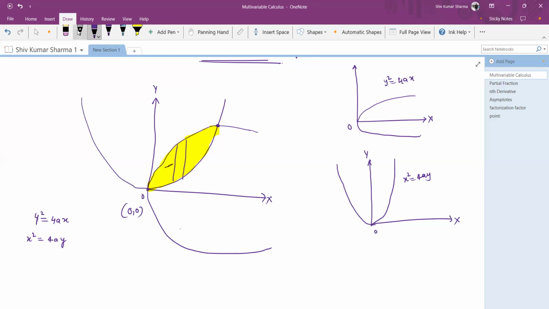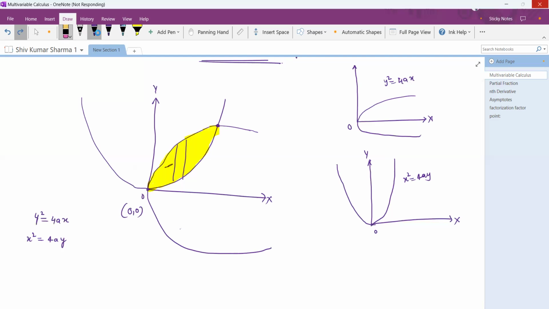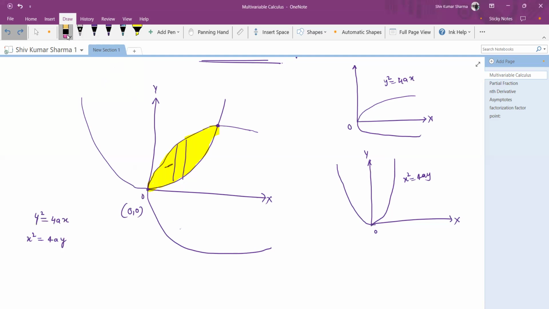So we choose an elementary strip parallel to the x-axis, which will be convenient for integration. So here we take the elementary strip parallel to the x-axis.